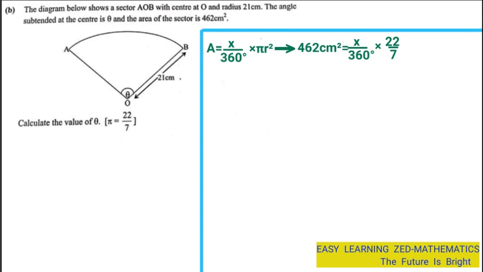Then we multiply by the radius, which is 21 centimeter squared. Now first of all, we need to simplify the numbers here, so I'm going to expand 21 centimeter squared to 21 centimeter multiplied by 21 centimeter. I've just expanded that one so that it can be easier for us to simplify.